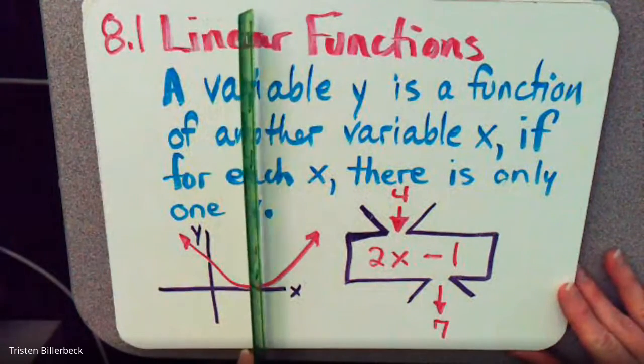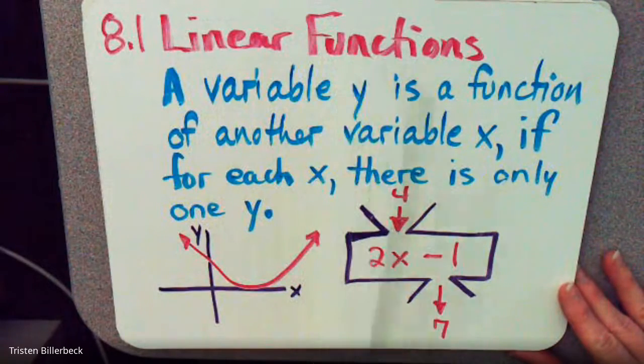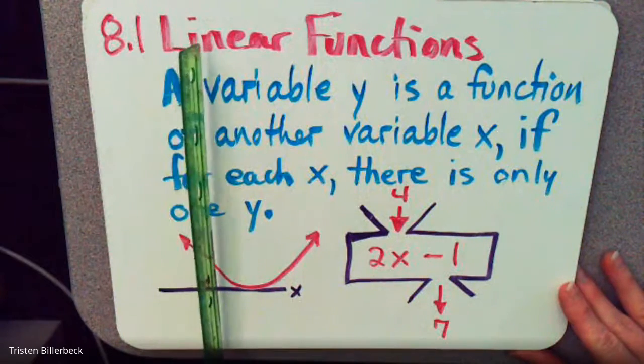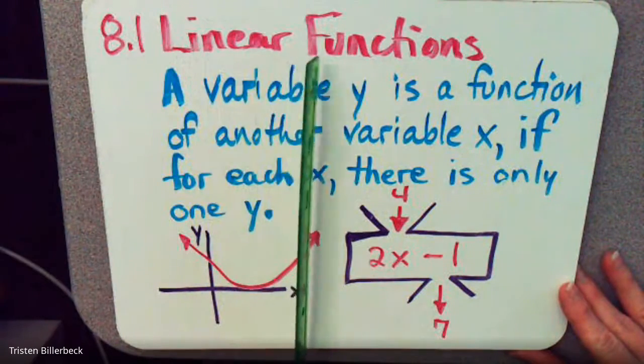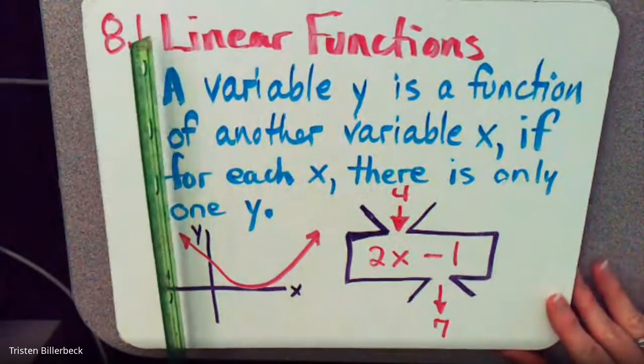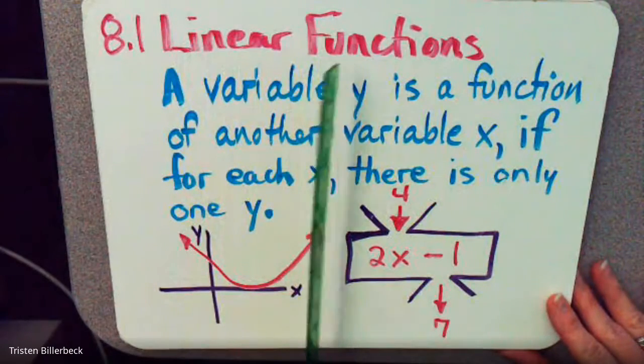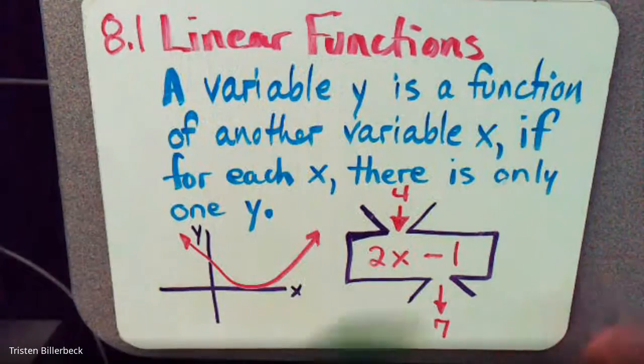When I only have one intersection with my vertical line, I have passed the vertical line test. So that means that it is a function, because for every one of these x's there is only one y. That's why the vertical line test is so awesome.